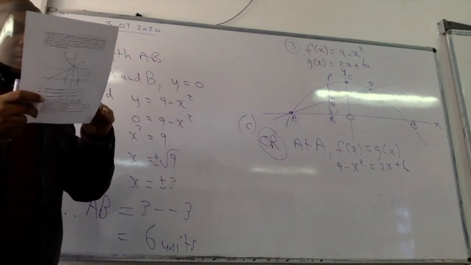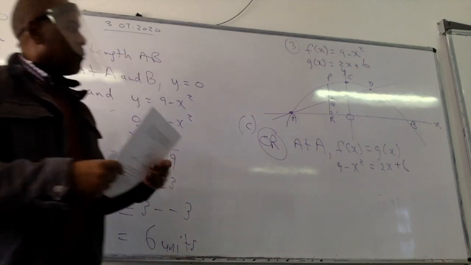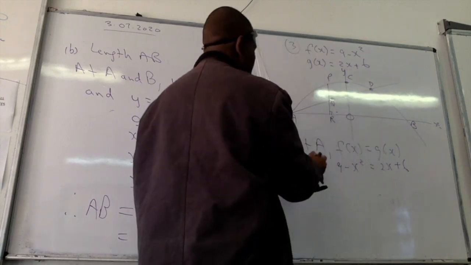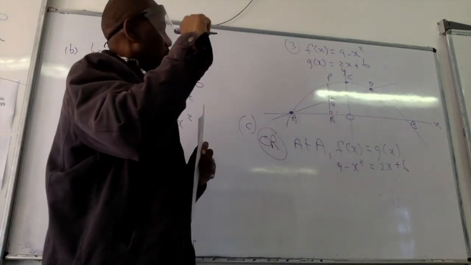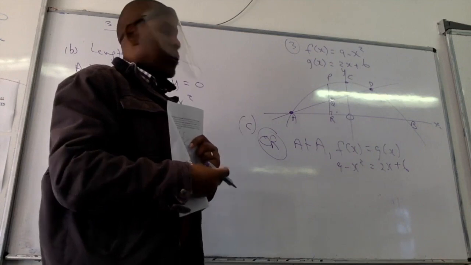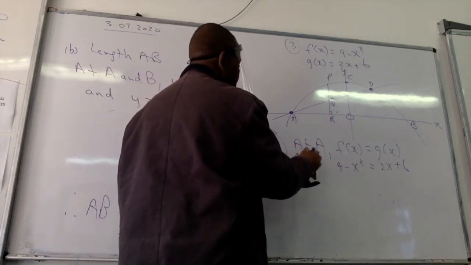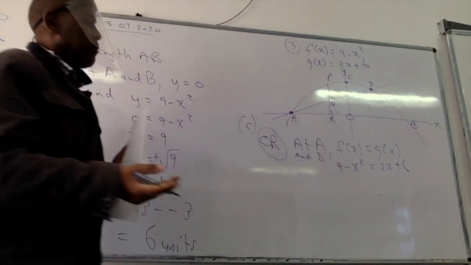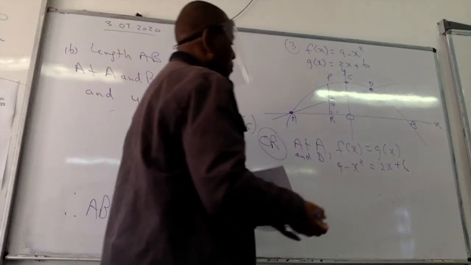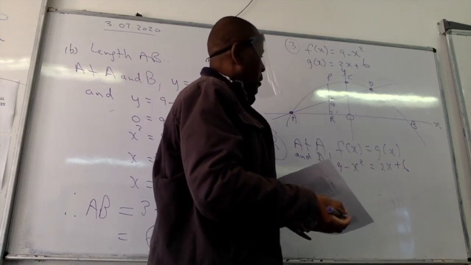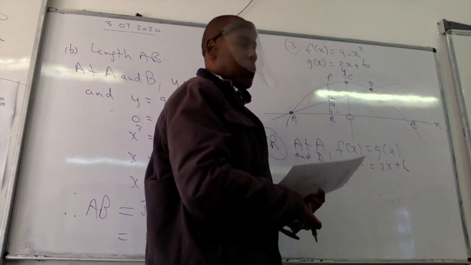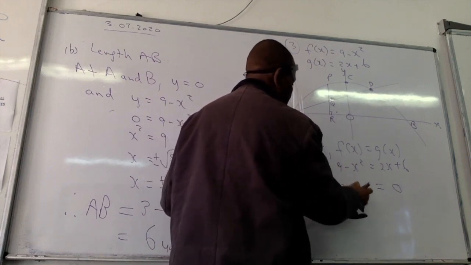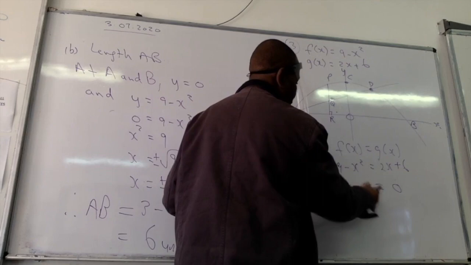But question C says determine the coordinates of D. If you look at A and you look at D, these 2 points are at the intersection of the two graphs. So it's at A and at D really. But we know A already. Okay, so that is the equation that you form. Rearrange it and organize it into a nice quadratic equation. You end up with x squared plus 2x minus 3. I agree with you.